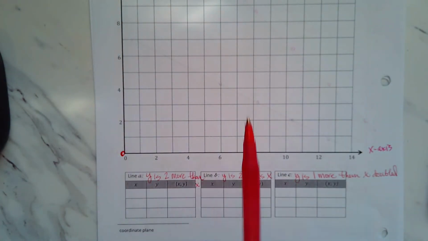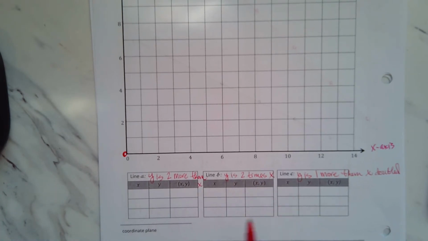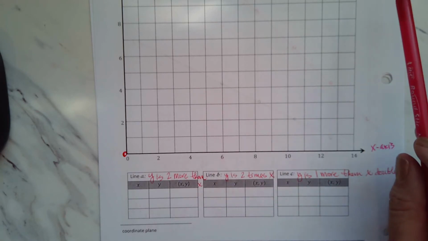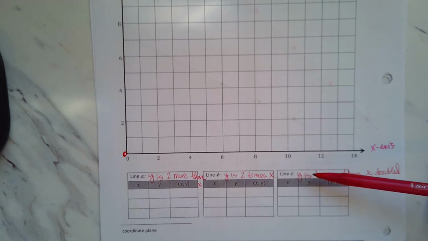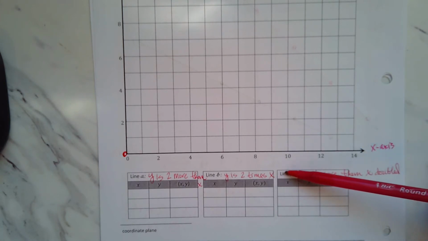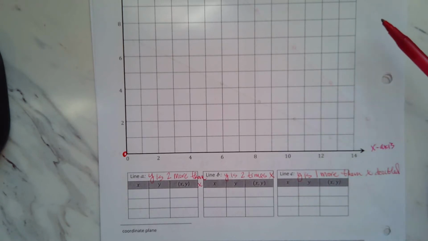Then line B, you're going to come up with the x and y coordinates and the coordinate pair, graph it, connect the lines, label it B. Then y is 1 more than x doubled. You're going to come up with the x and y coordinates and the coordinate pair, graph it, and label that C. So that's what you're going to do right now. You're going to come back and check to see how you did.